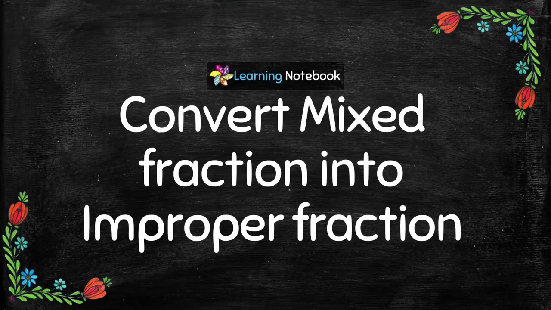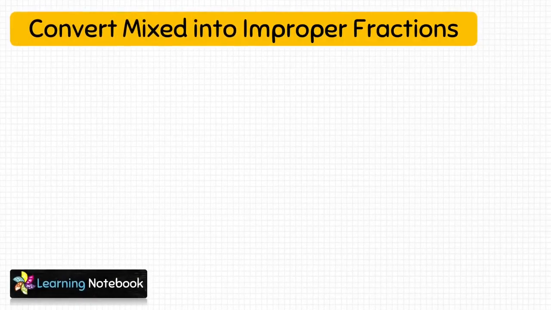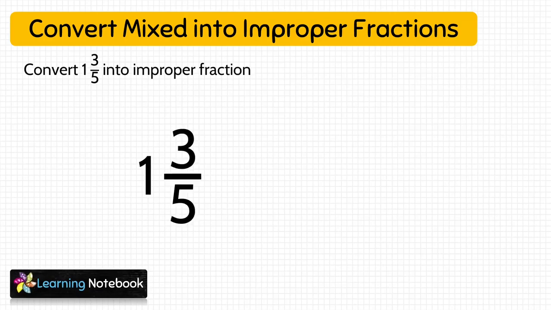Now we will learn how to convert mixed fraction into improper fraction. Question is, convert 1 3 by 5 into improper fraction. So here we are given a mixed fraction 1 3 by 5 and we have to convert it into an improper fraction.